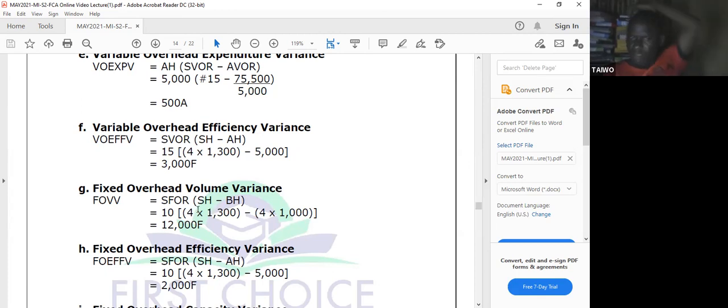So fixed overhead volume variance in this instance is favorable. Please give me 1 minute, please. Let me just give me 2 minutes, please.